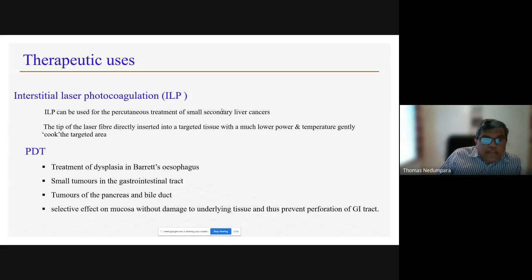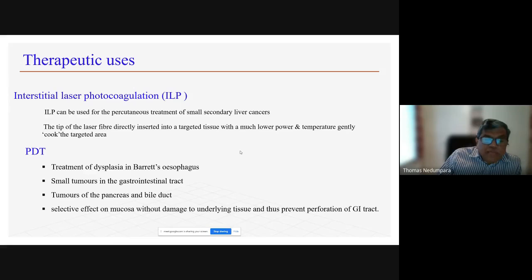Another application of laser is in PDT, photodynamic therapy. For example, in dysplasia in Barrett's esophagus, which I alluded to in the lower end of the esophagus, you can do submucosal resection, or you can use a dye which is selectively absorbed by the abnormal cells, and when a laser is applied, these abnormal cells are destroyed.